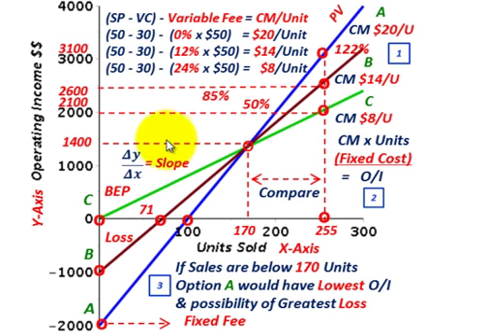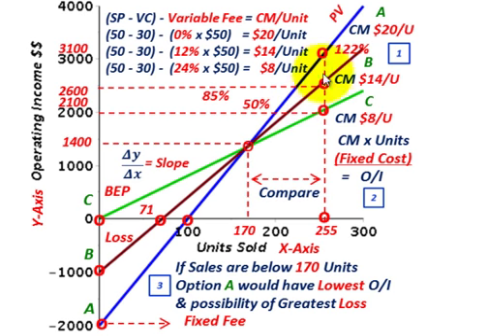If you compare it to the 1,400 here, where all options were the same, looking at 255 units sold, option C generates 50% more in operating income. Option B, 85% more in operating income. And option A, 122% more in operating income. That's the only point you want to make when you do your comparison around that inflection point.